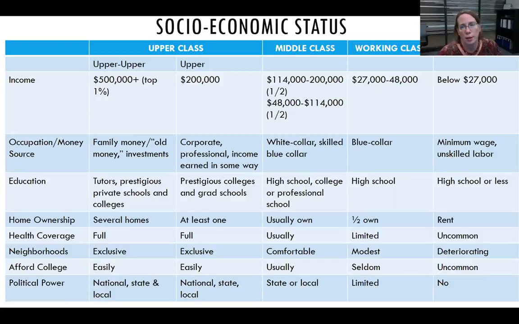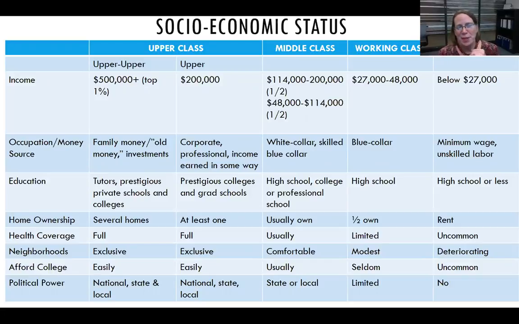They make their money from investments. People within this group tend to have their children educated through tutors. They attend prestigious private schools and colleges, so they might go to Exeter and then go to Harvard. So they go to a top boarding school, and then they go to Harvard, and they have these sheltered lives, and they don't see the rest of us, basically.